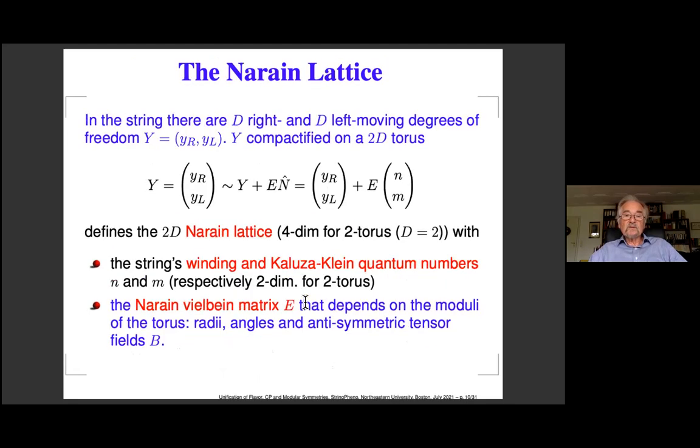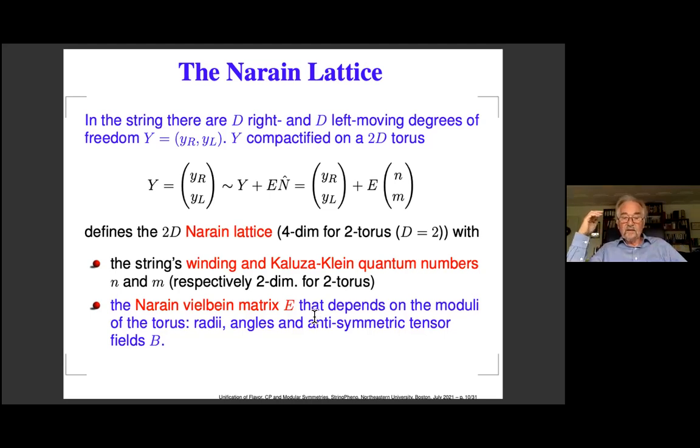So let me shortly discuss the Narain lattice. In string theory, for a d-dimensional space, we have d left- and d right-moving degrees of freedom. So the coordinates given from yR and yL on the lattice are identified with a lattice shift vector, where E is the Narain vielbein matrix, which depends on the moduli of the theory.